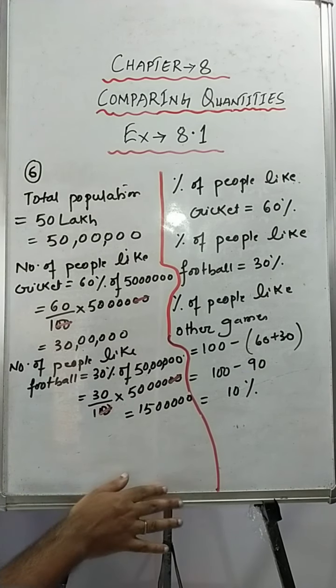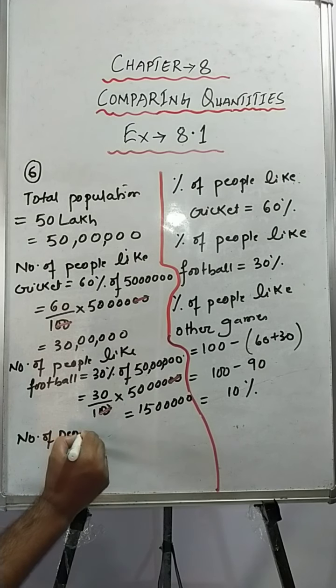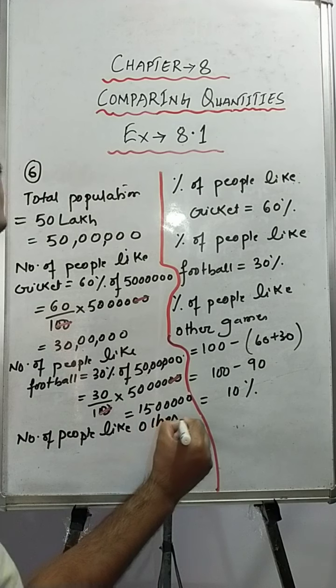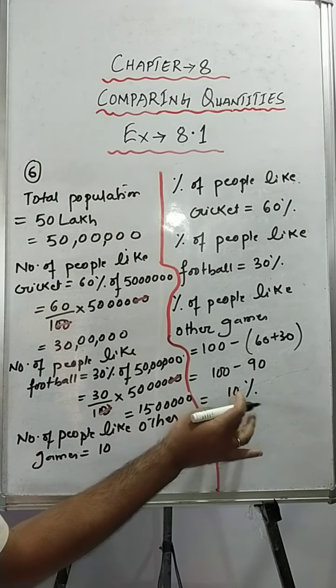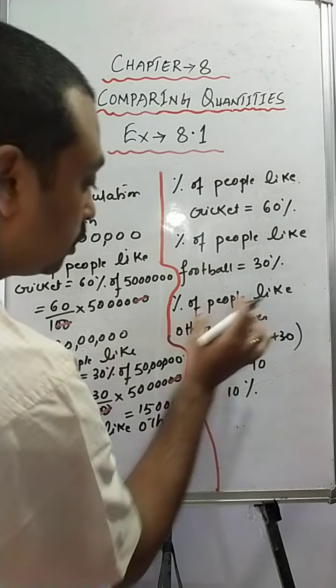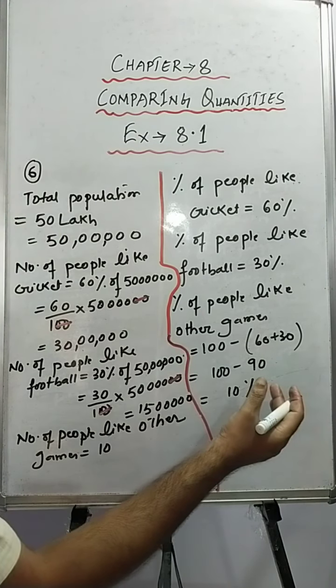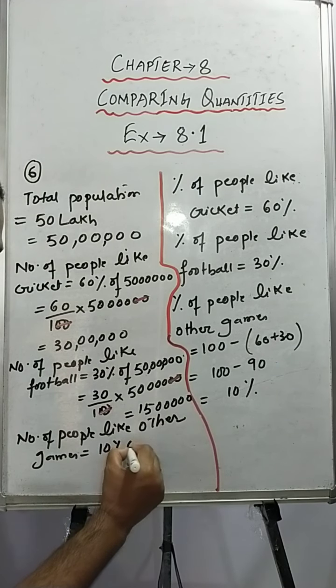So you will write the number of people who like other games. That will be what? 10%. The percentage of people who like other games is 10%. And how do we find the number of people who like other games? That is 10% of the total population. So we have to find 10% of 50 lakh.